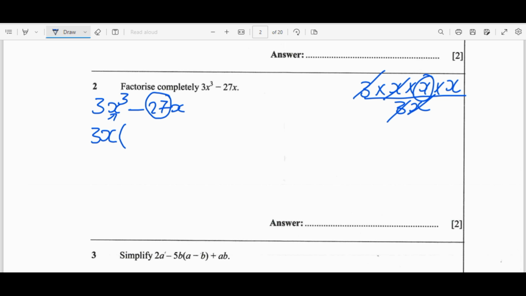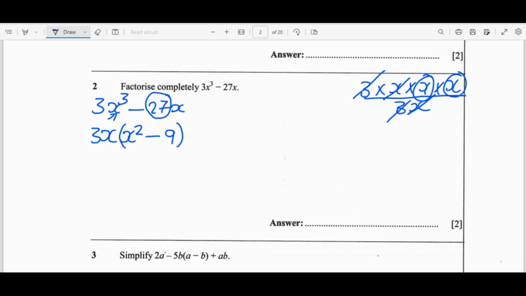So we only have 2 x's left, so here we are going to have x squared. In simpler language, since we have removed the 3x outside, the remaining is just x squared minus, you divide 3x into 27x. You start with the number. 3 into 27 is 9. x into x will cancel.